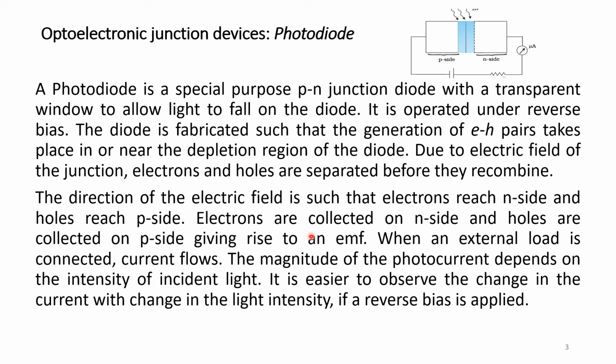The direction of the electric field is such that electrons reach the N side because of this positive charge, and holes reach the P side. Holes are collected on the P side, giving rise to an EMF.